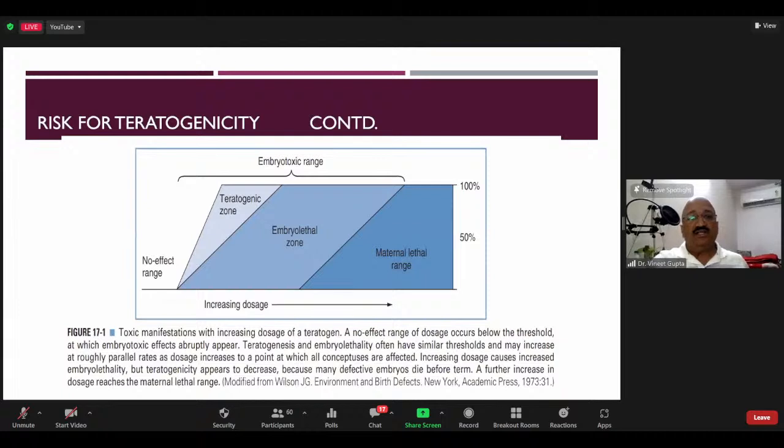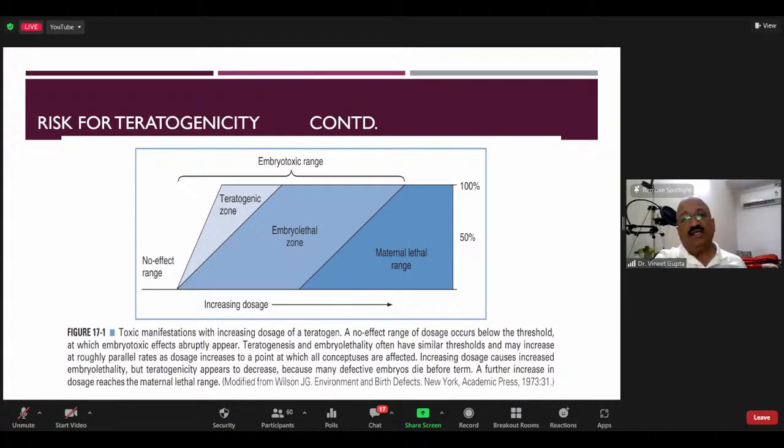Risk of teratogenicity: you can see the increasing dose moving from no effect to the teratogenic zone, to the embryo lethal zone, to the maternal lethal zone. You can see the teratogenic zone is ending while the embryo lethal zone is full-fledged. It is because when the embryo has died, nobody is going to see the teratogenicity, and it cannot be manifested once the baby is not delivered.